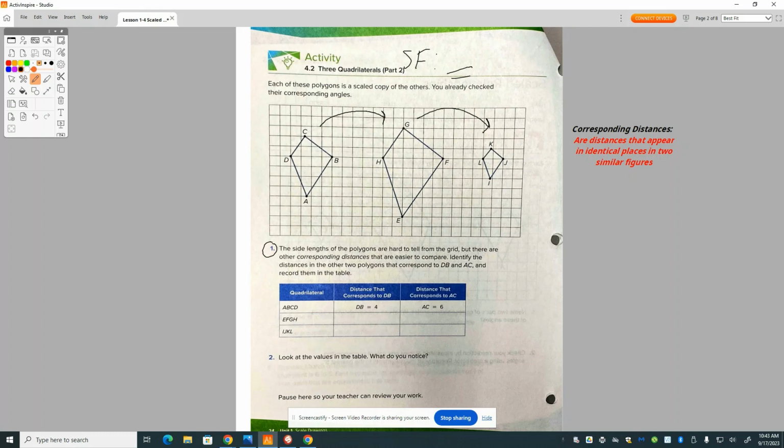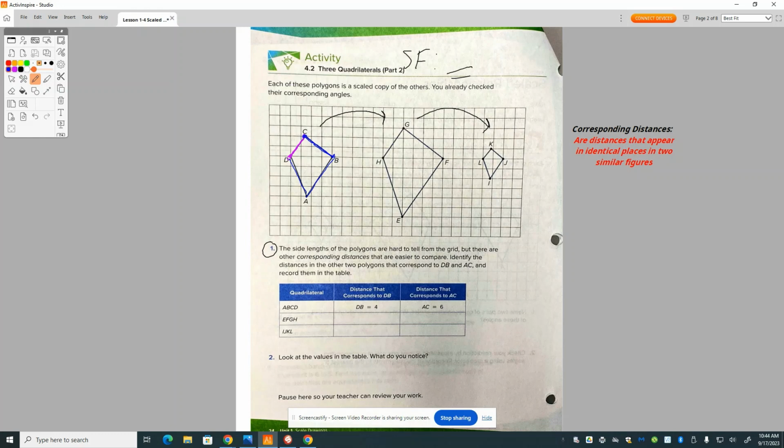For instance, if I look at side length D to C, this distance is pretty hard to measure since it's not nicely in the grid. And the same goes for every side length of this polygon on this particular grid. It would all be really hard to know the exact measure. So what can we do?